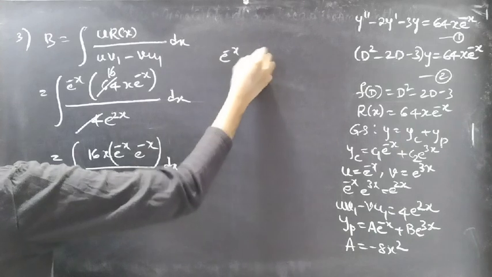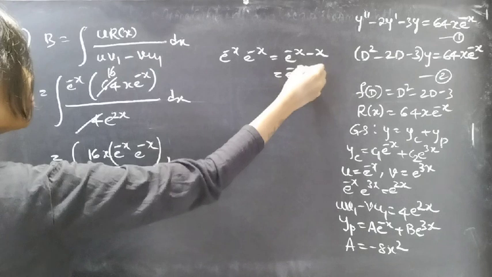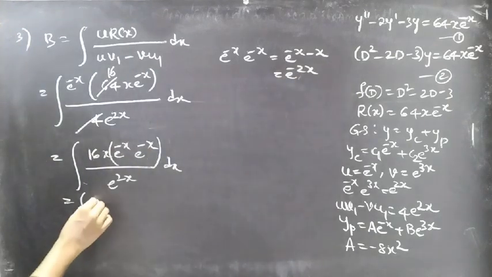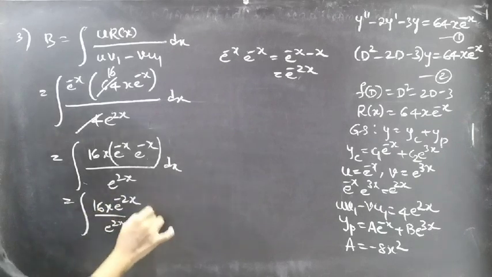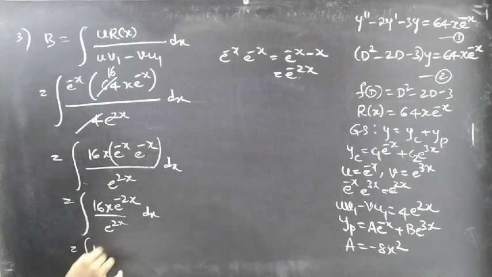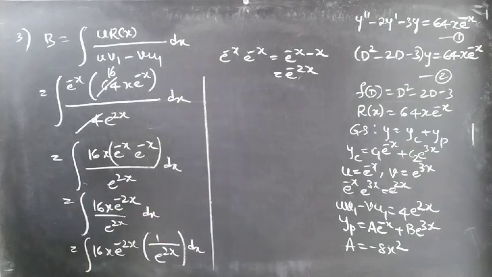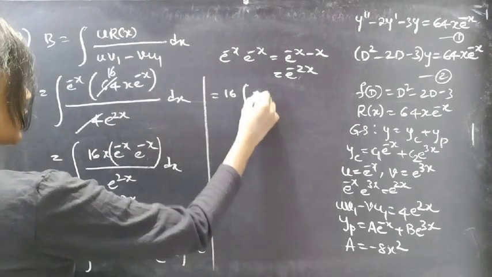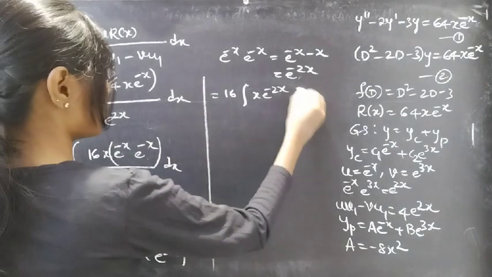E power minus x into e power minus x can be written as e power minus 2x. Now replace e power minus x into e power minus x by e power minus 2x, right? And we can write this fraction or integrand as 16x e power minus 2x into the reciprocal of e power 2x into dx, right? This is equal to 16 integral x e power minus 2x into the reciprocal of e power 2x, which is e power minus 2x.